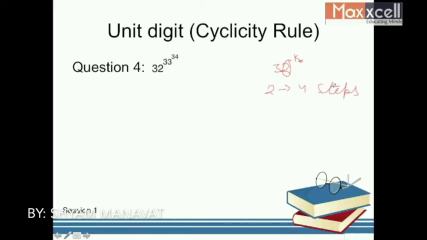That means if I divide this whole number by 4, whatever remainder I get, by that I can simplify, as we have seen in previous questions. Can we do that? Yes. So, let's see.